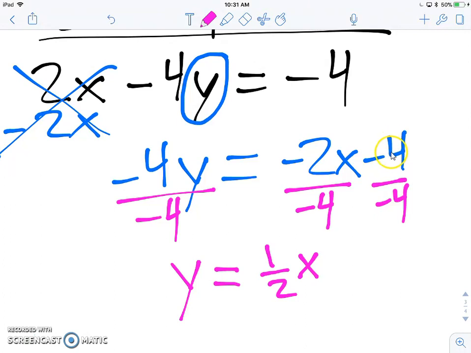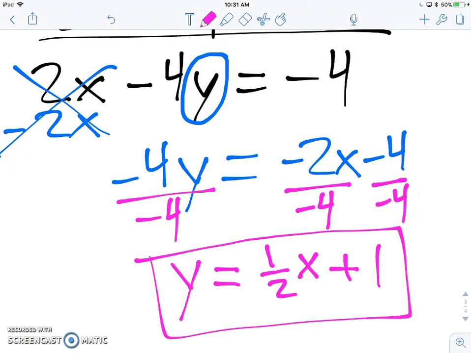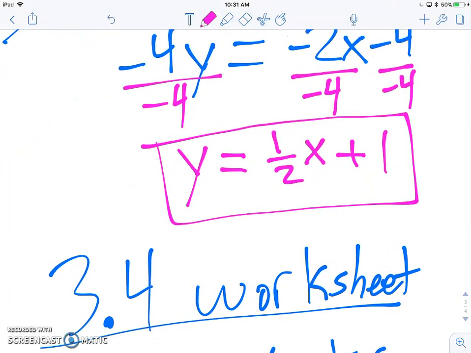And then my last term, negative 4 divided by negative 4, well, negative divided by negative is positive, and 4 divided by 4 is 1. So my slope is 1/2, and my y-intercept is 1. So that is how we convert these equations to y equals mx plus b form.